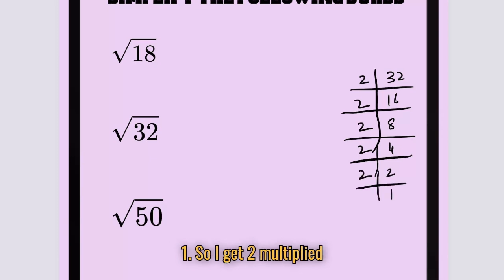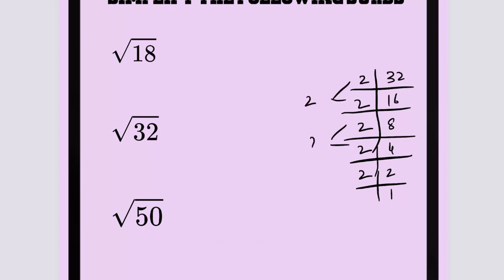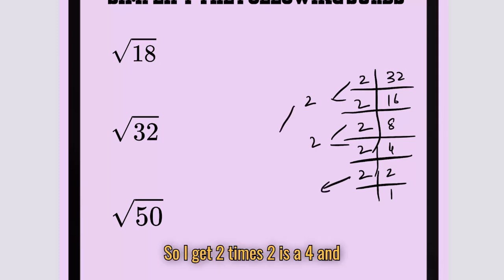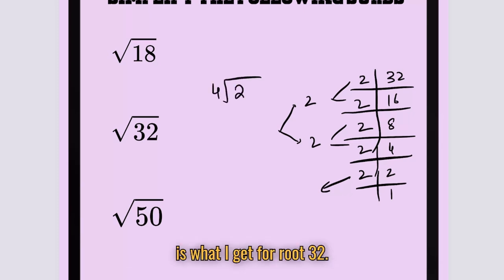So I get 2 multiplied by itself 5 times. I'm just going to form pairs again. So I get 2 times 2 is 4, and 4 would have to be the one outside the root and then 2 inside of it. So that is what I get for root 32.